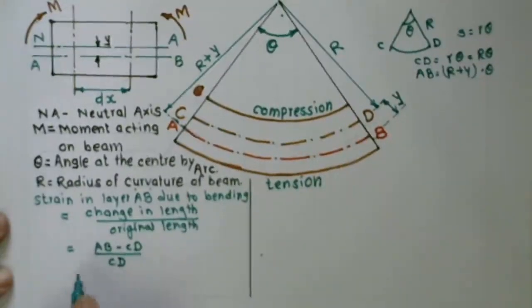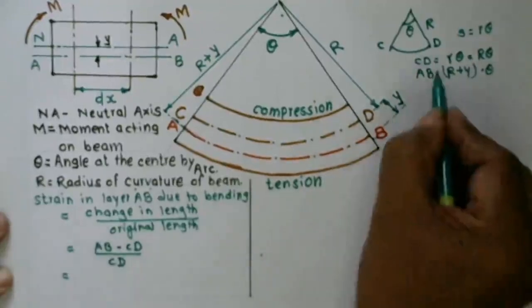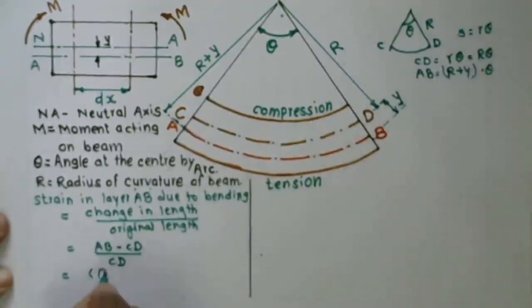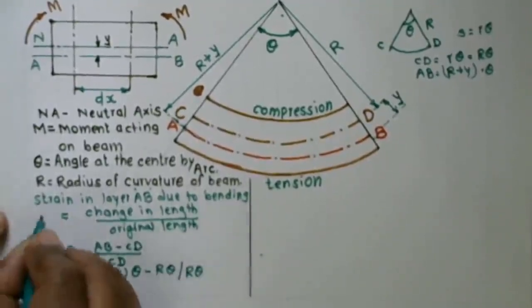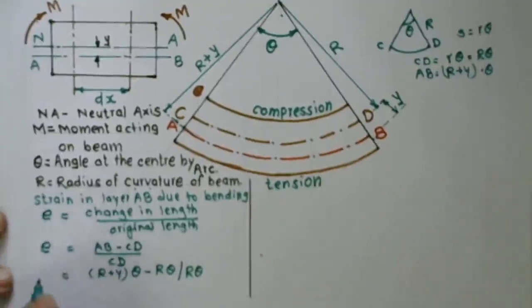So put this value in. AB means R plus y into theta, minus CD which is R theta, upon CD, R theta. In that case, that is the strain.